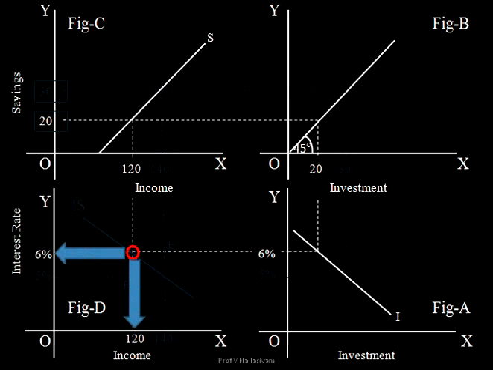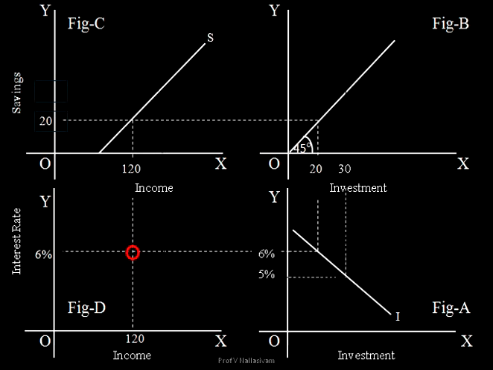Income 120 rupees and rate of interest 6% is one of the points on the IS curve. At 5% interest rate, the planned investment is 30 rupees.